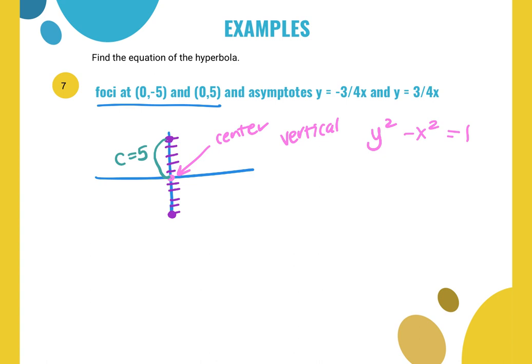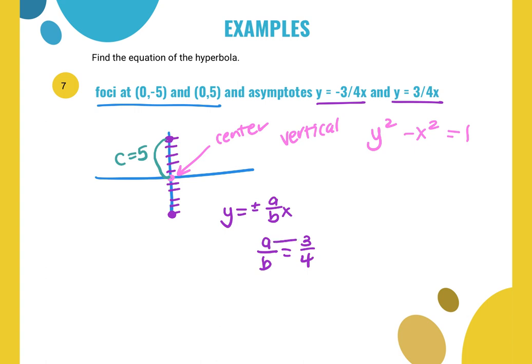Then it says y equals -3/4 x and positive 3/4 x is your asymptote. Remember, the asymptote, if it's vertical, is plus and minus a over b x. So a over b equals 3 over 4.